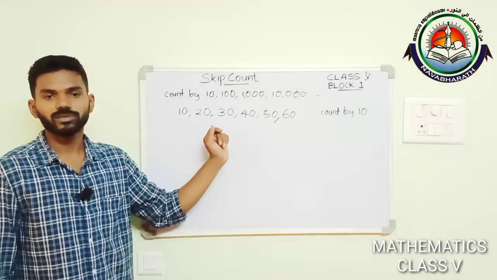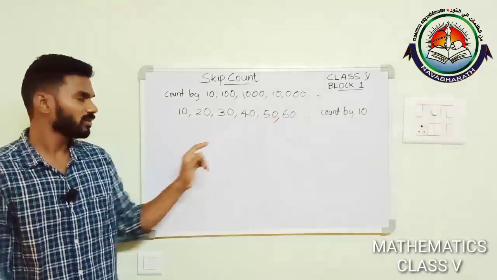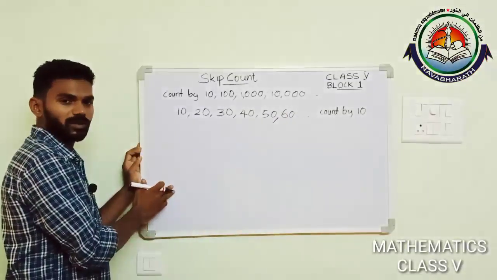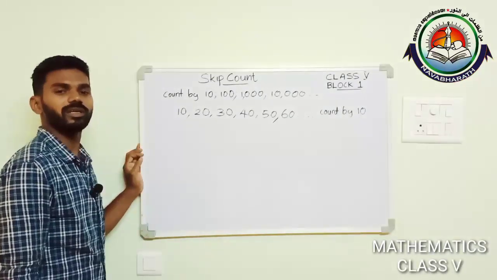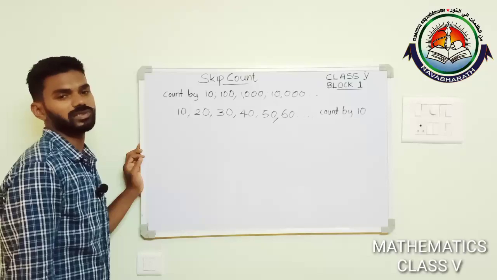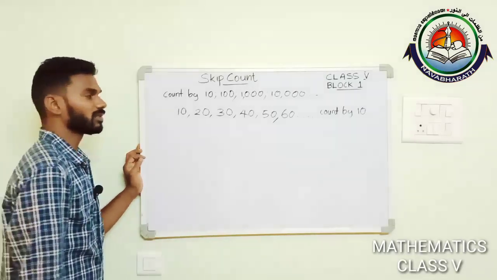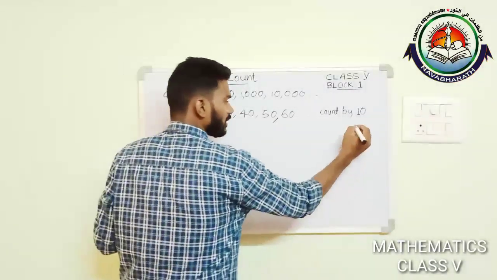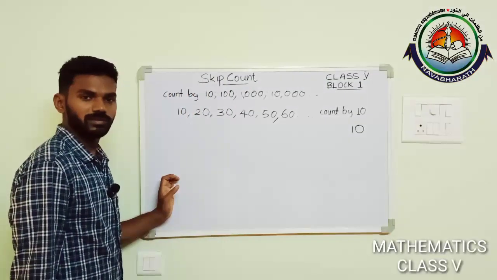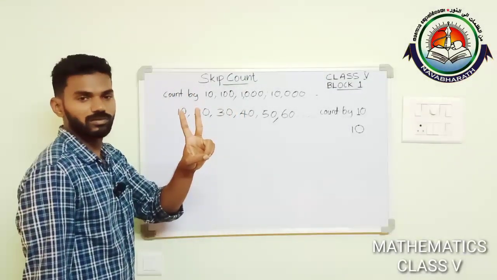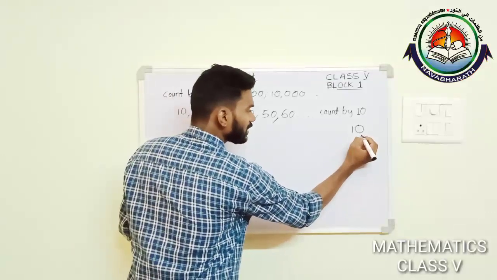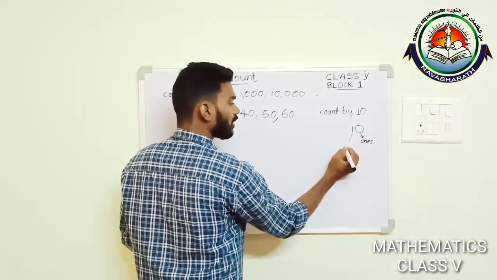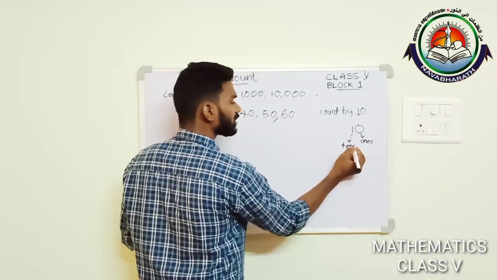Clear? So you can see that on these given numbers, count by 10, only a particular place is changing. Which is that place? That place is the tens place. So the number 10 is a 2-digit number, and the place values are, this is the ones place, and this is the tens place.